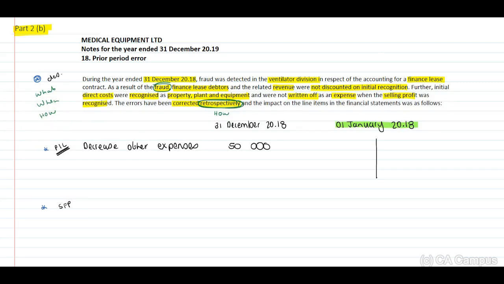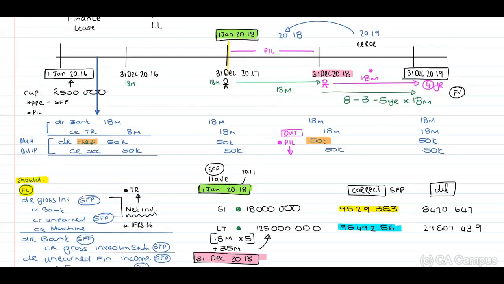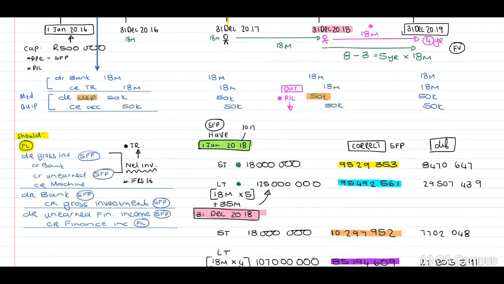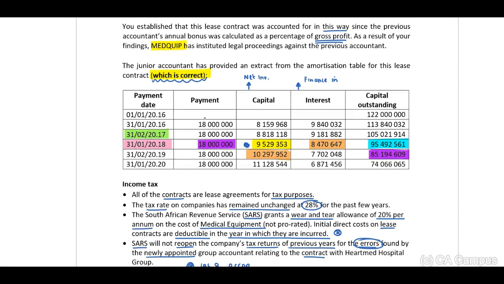Now, when we look at our workings, what should they have done? Look at our journal entries. If they recognize a finance lease, they should have credited finance income for 20.18. They should have recognized the 20.18 finance income. Therefore, when we look at our amortization table, they should have recognized the finance income of 8470647.